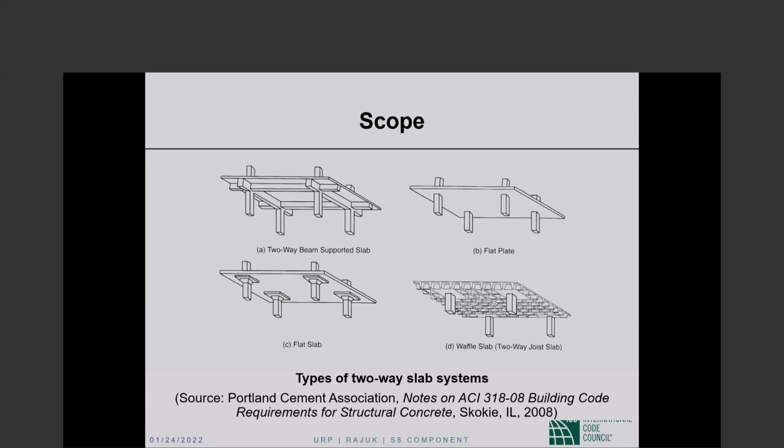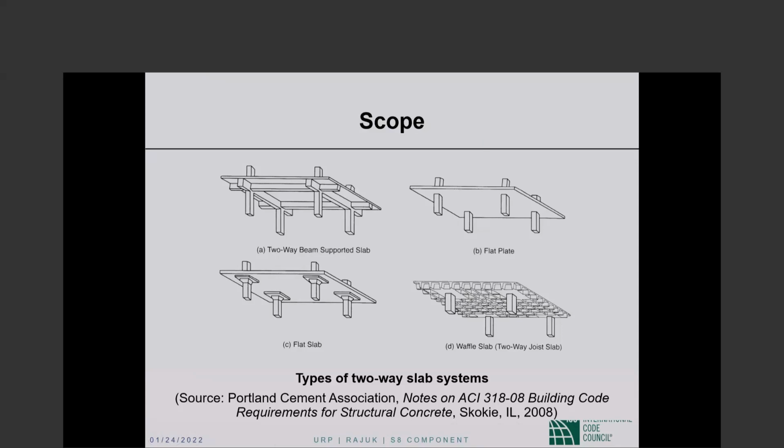Okay. When there are no column line beams, we have a slab supported directly on columns, and that is called the flat plate. Currently, the most popular, definitely concrete slab system. I would say it is one of the most popular in any material.